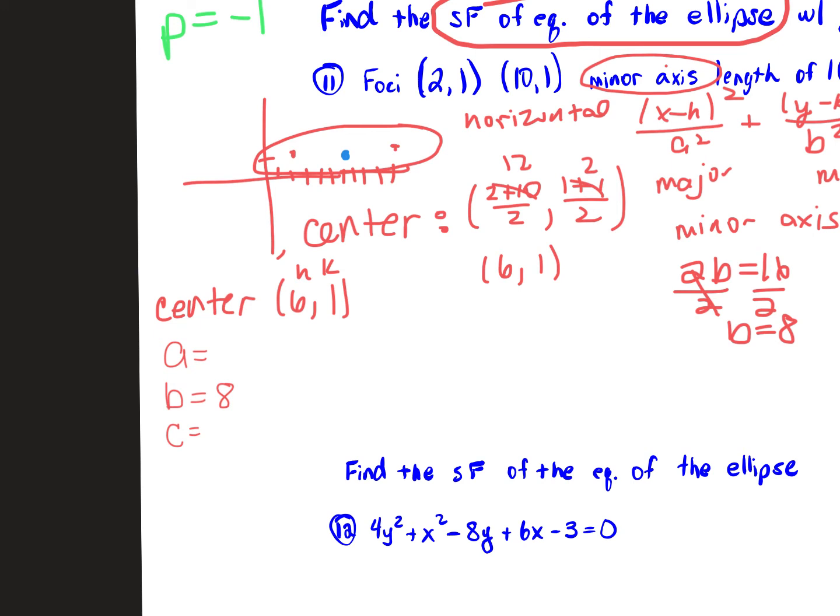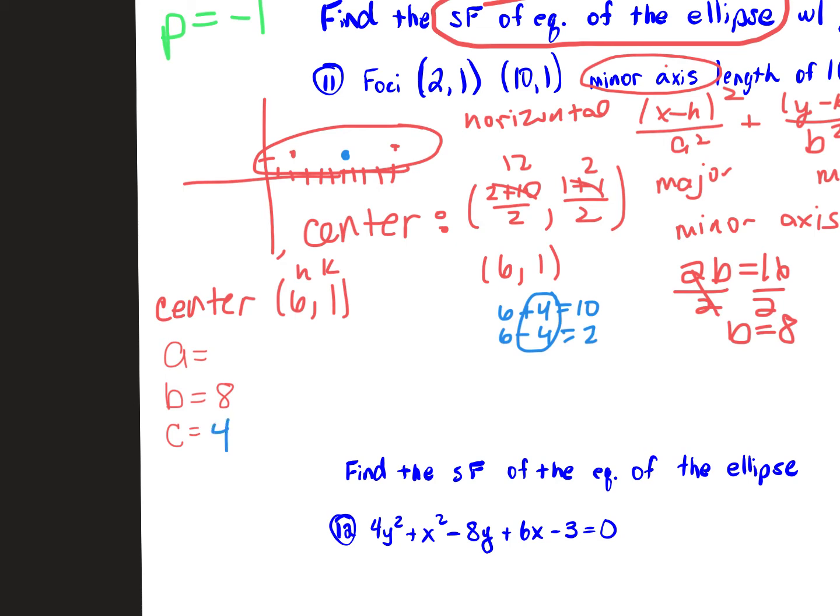My center value, the X value, is at 6, and the foci are at 2 and 10. So how far away is 6 from 2 and 10? In each direction, it's 4 units. If I add 4, I get 10. If I say 6 minus 4, I get 2. So my value of C, the distance between the center and either foci, is 4.